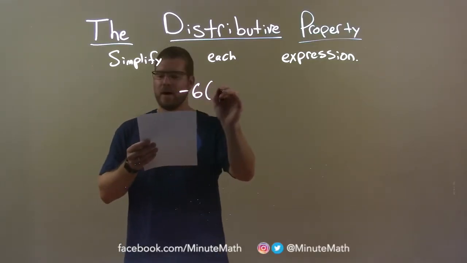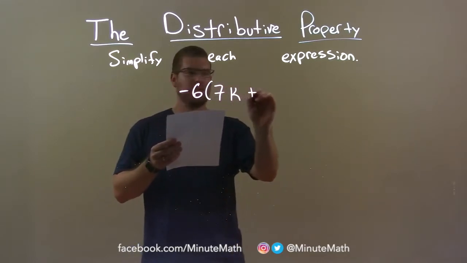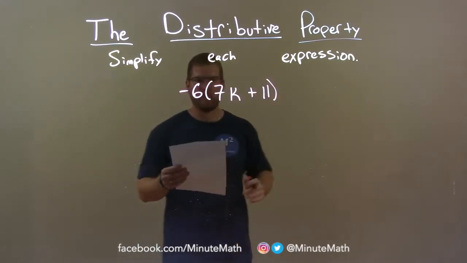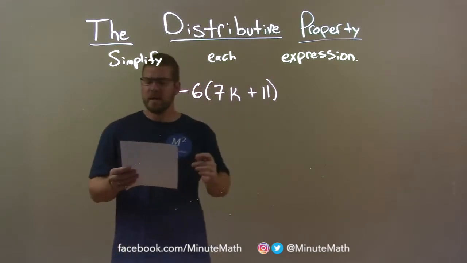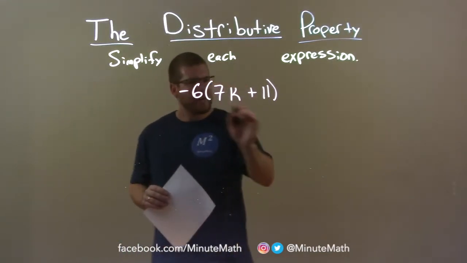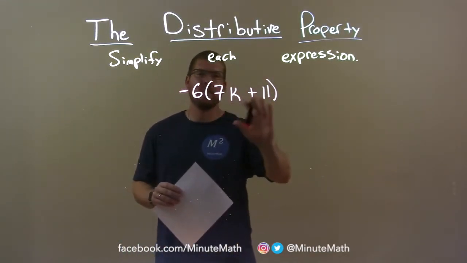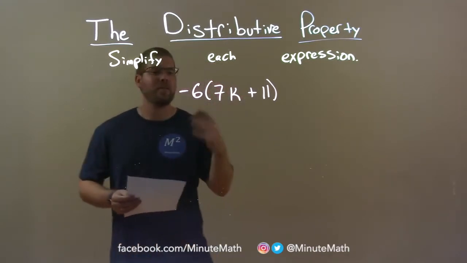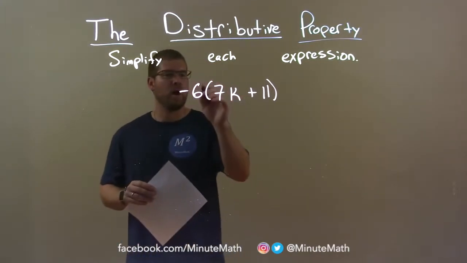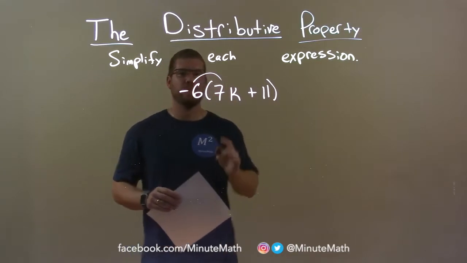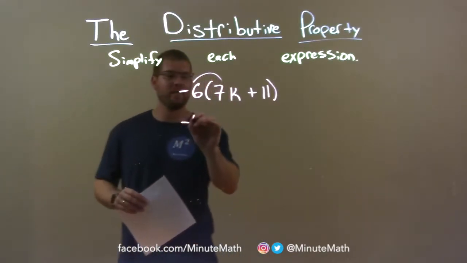Negative 6 times (7k plus 11), okay? Well, first thing I want to do here is inside my parenthesis, I look, there's nothing I can simplify, okay? So now I have to distribute the negative 6 across. Well, negative 6 times a 7k is a negative 42k.